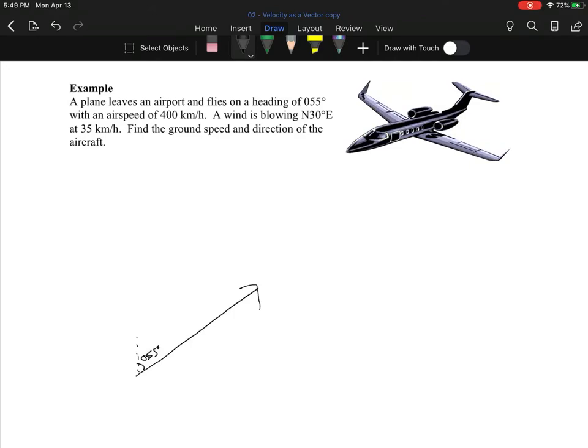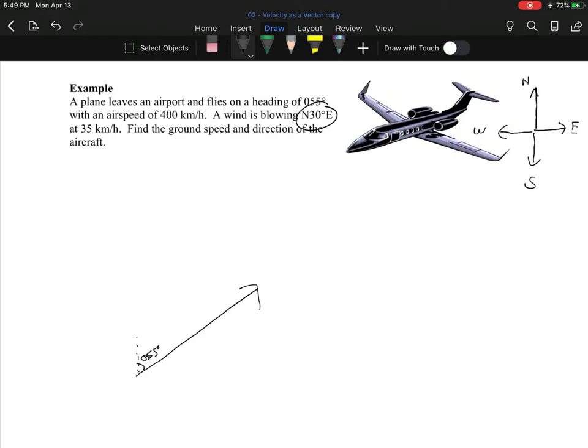Now the wind is blowing N30°E, 30 degrees north, 30 degrees east. Now that's a weird symbol as well, used all the time for directions when you're actually doing them in the real world. And what that means is start at north, but then go 30 degrees east from that. So I'm just going to do a little diagram over here. If that's north and that's east, maybe you need a little acronym.